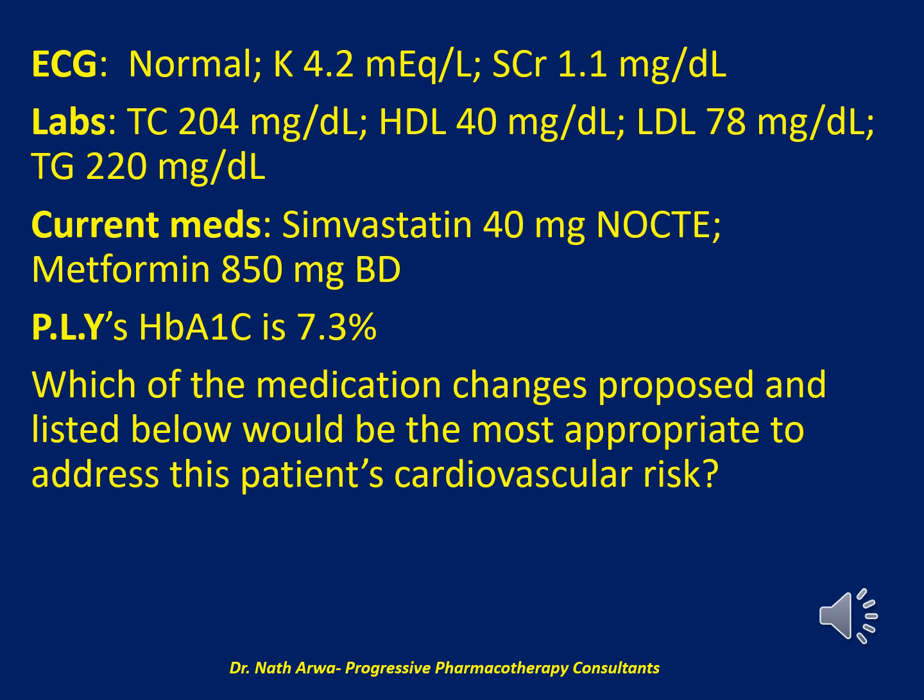PLY's HbA1c is 7.3%. So my question to you is, which of the medication changes proposed and listed below would be the most appropriate to address this patient's cardiovascular risk?